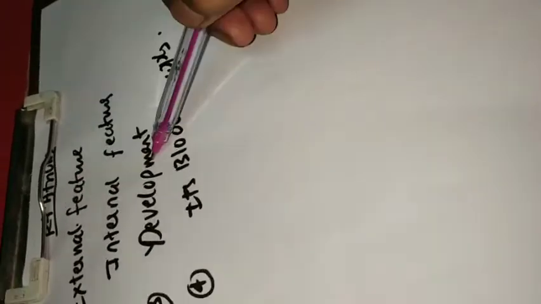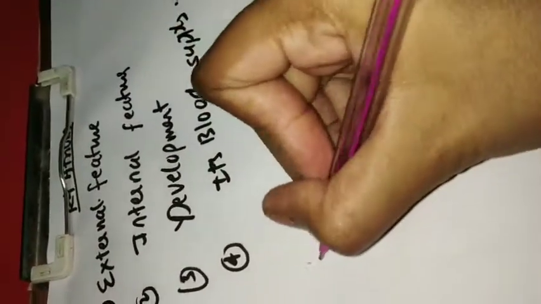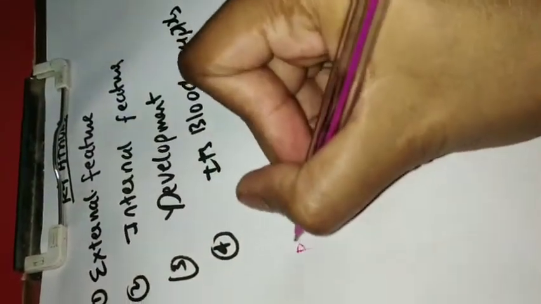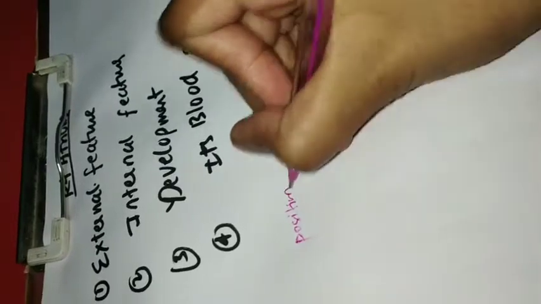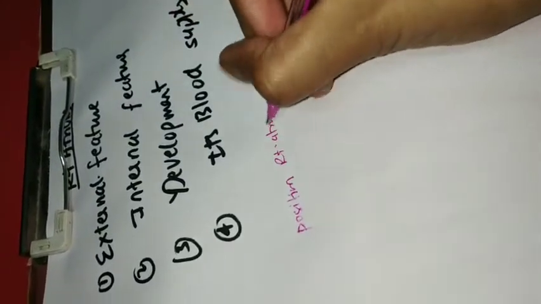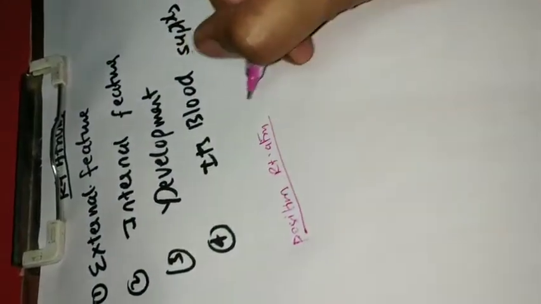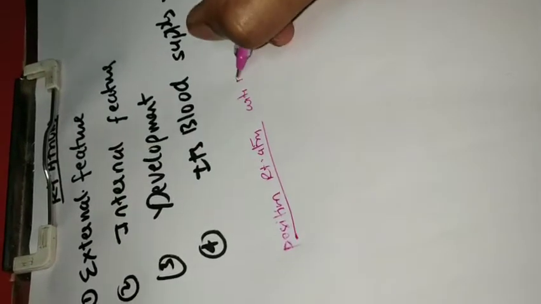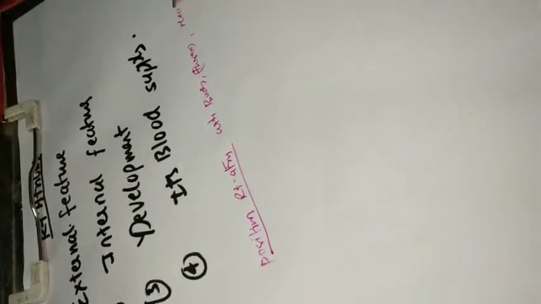So guys, before going into these features, let me briefly tell you about the position of the right atrium, with respect to body surface, or you can say thorax, and in the heart.